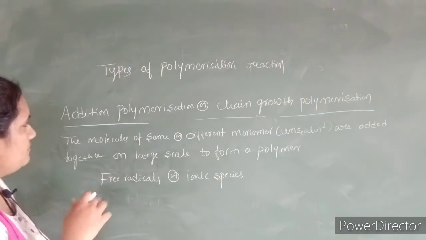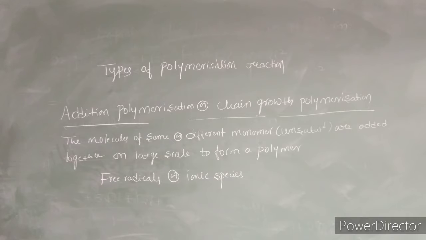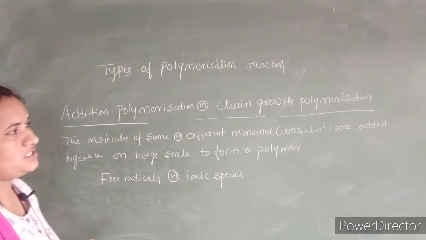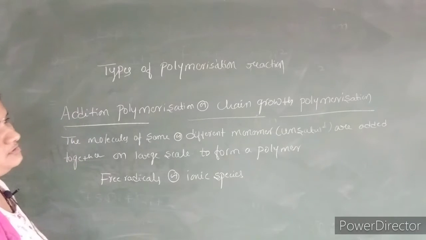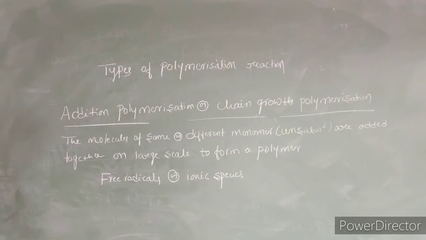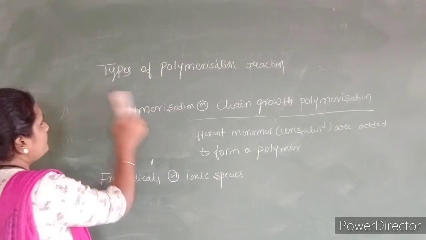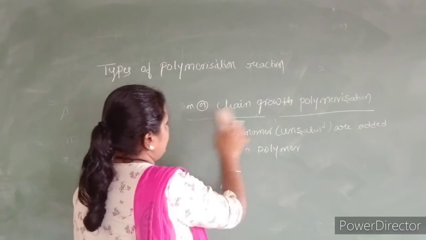In this way we can do the addition polymerization, and during this the chain growth takes place. That is why this type of polymerization is also called the chain growth polymerization process. Firstly we discuss the addition polymerization through the free radical mechanism.